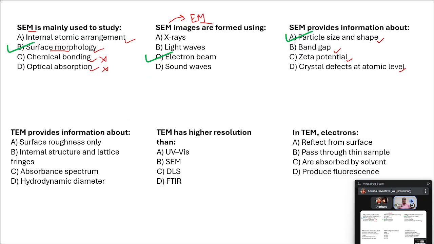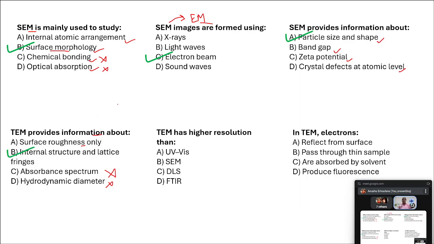Now the third question is for transmission electron microscopy. TEM provides information about, C and D would obviously cancel out. TEM does not only give information about surface roughness, it gives internal structure.